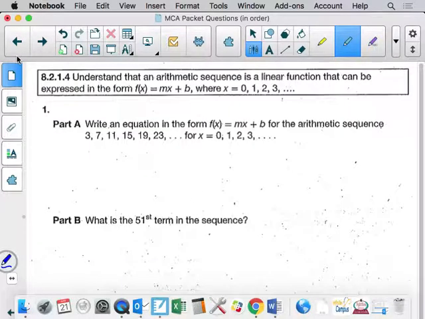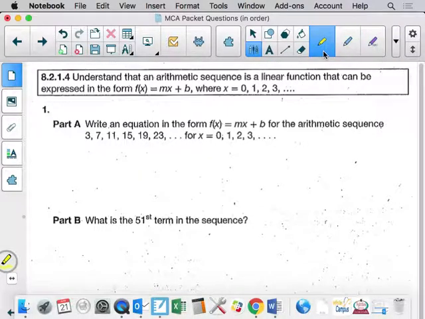Our next benchmark, 8214. Understand that an arithmetic sequence is a linear function that can be expressed in the form f of x equals mx plus b, where x equals 0, 1, 2, 3, and so on.